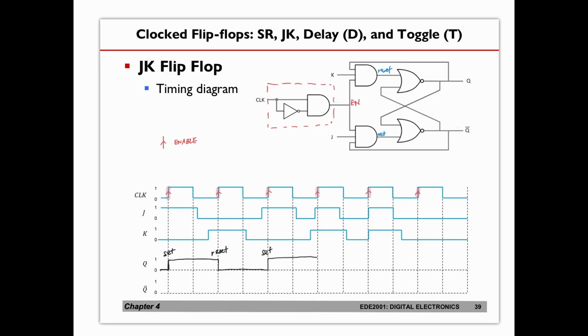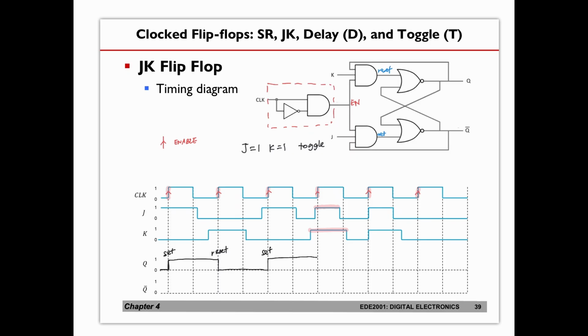Now, this is the part that you need to be very, very careful about, because at this moment, you can see that both J and K are 1. So when J equals 1 and K equals 1, you go into something called the toggle mode. That means your Q is going to switch from 0 to 1 or 1 to 0, depending on what state it is.